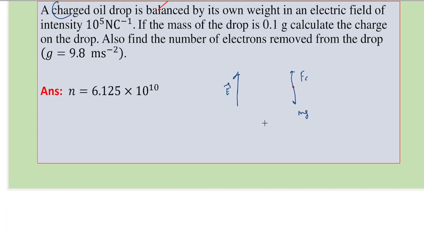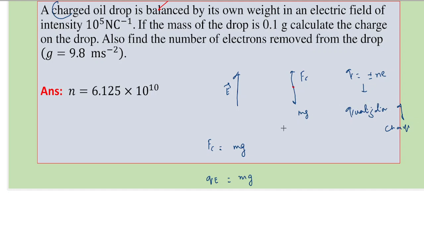Now we know that the charge is balanced by equal forces. So it means that Fc is equal to m into g, but we know that Fc is given as q into E, so qE is equal to mg. We learnt in the first lecture that the total charge is equal to plus or minus n into e. This is called quantization of charge.